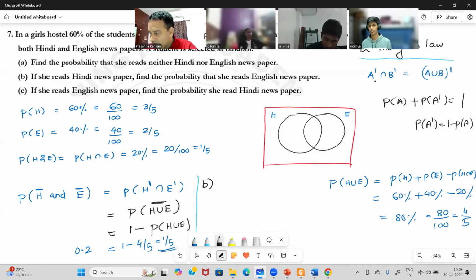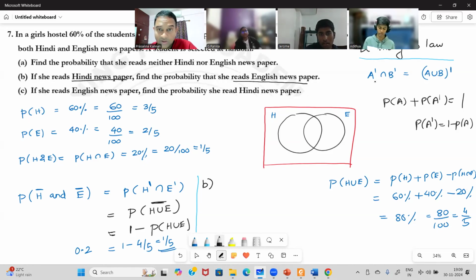Ranika, can you convert this into symbols? If she reads Hindi newspaper, what is the probability that she reads English newspaper? How do you write it? What event is already happened?